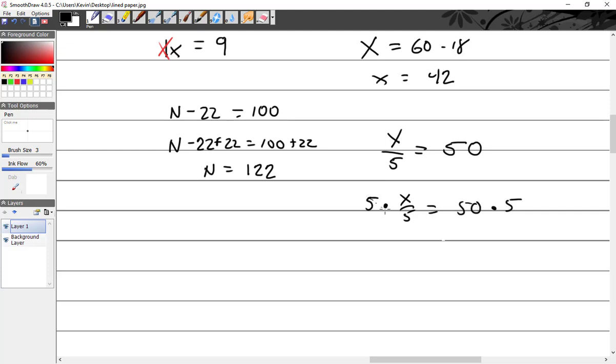So this is going to cancel each other out, leaving me with x equals 50 times 5, and x is going to equal 250. All right. So we're going to remember that.